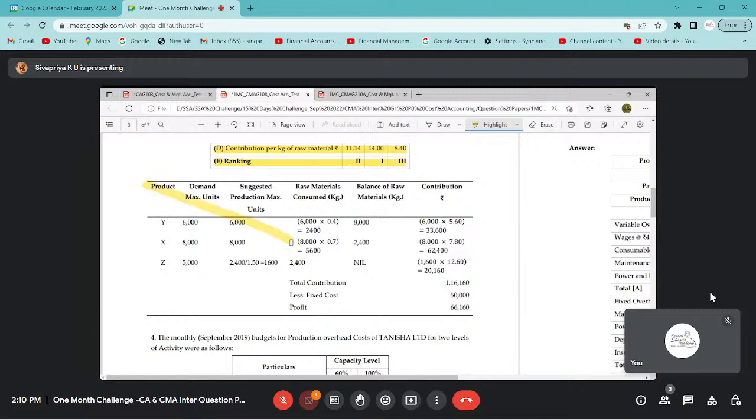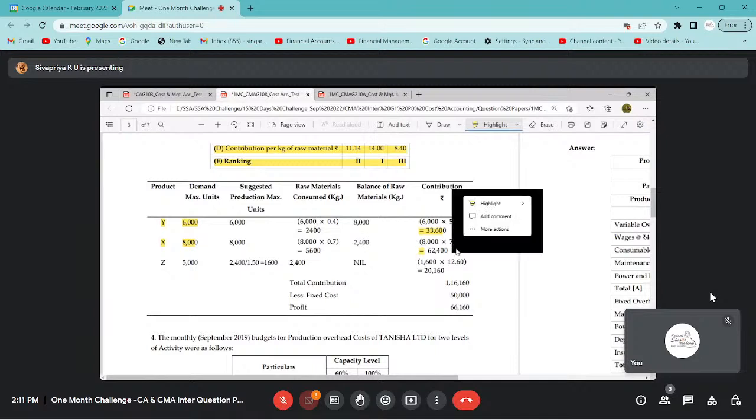Now again we prepare a statement. First Y. The maximum demand units are given and the suggested production. Based on the availability, if we calculate, the contribution is 33,600. Then we see what is left for X and Z. For X the demand is 8,000, and if we put in the raw material consumption it is 62,400.